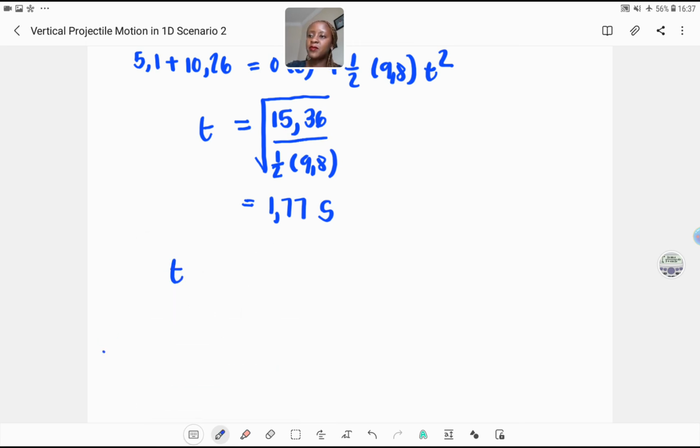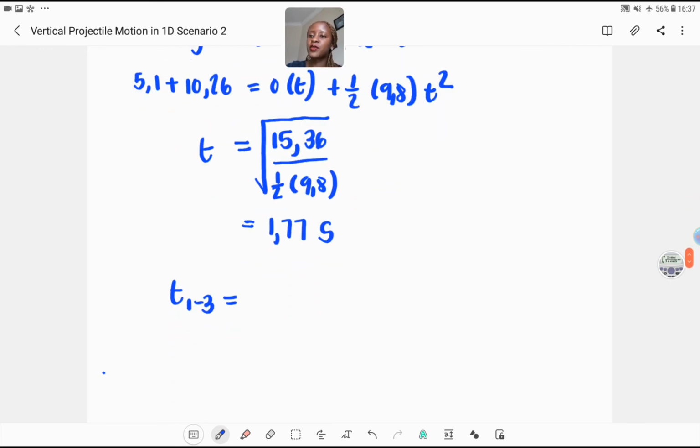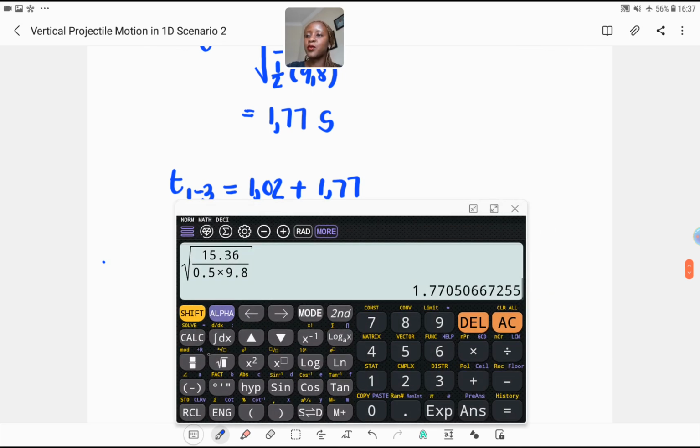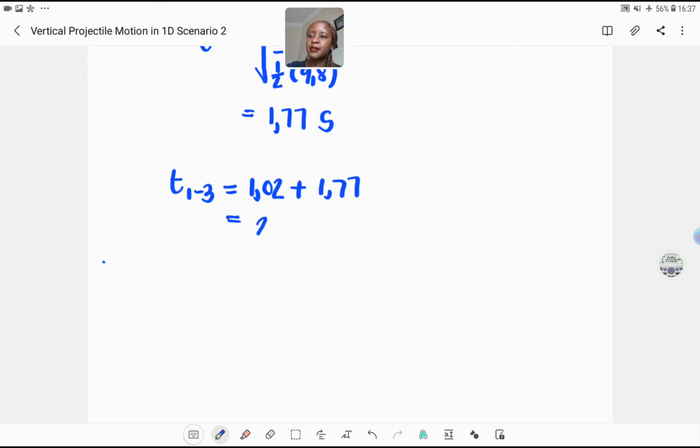So time from point 1 to 3 is 1.02 plus 1.77. And then your final time it took from point 1 to 3 is 2.79 seconds.